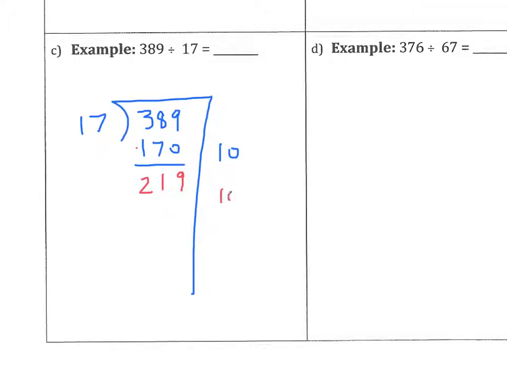I'm going to try 10 again. 10 times 17 is 170. That's 9. And 210 minus 170 is 49. Now, what do I do now?